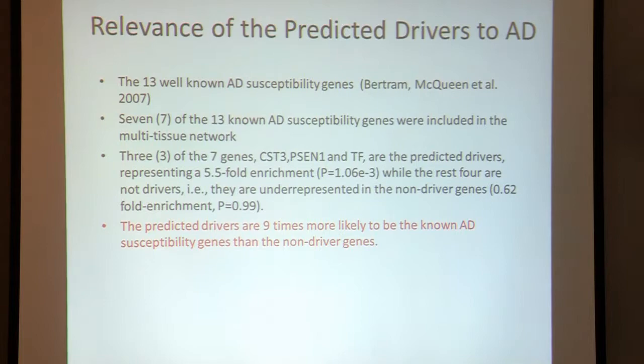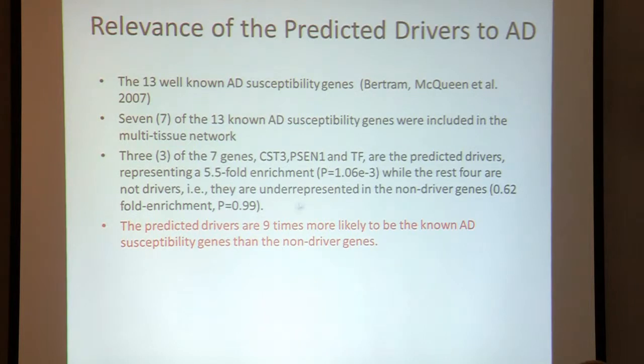In Alzheimer's disease, we found a similar trend. So far only 13 AD susceptibility genes have been identified through GWAS studies. We believe those are the upstream genetic perturbations for the disease. In this case, we see those AD GWAS-derived genes enriched in the drivers that we inferred.